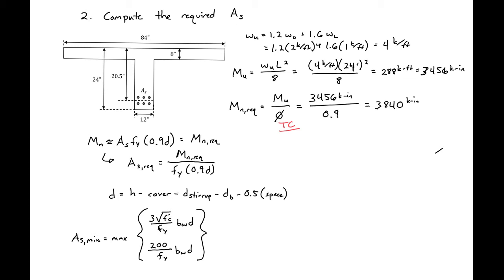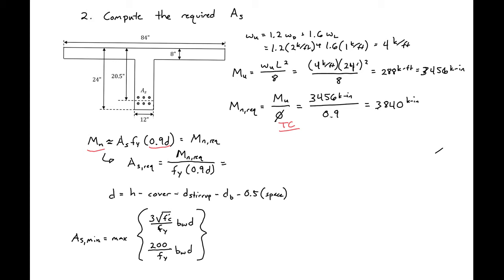So then we can find our AS required, and to do this we will use an approximate lever arm, 0.9D, which will give us an expression for an approximate nominal moment capacity. And we can find our AS required.